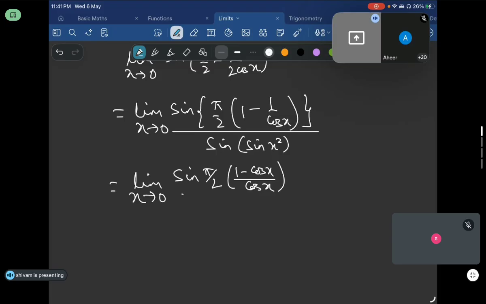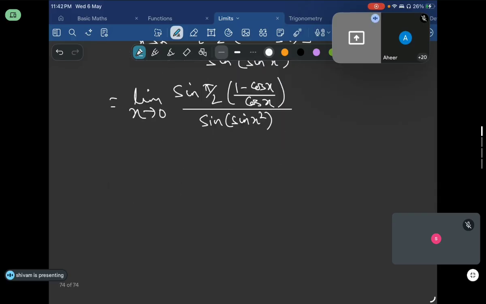Okay, let us start converting it into standard forms divided by sine of x square. So everyone, we need to divide by 1 minus 1 by cos x. Okay, let us start converting. We have to divide by pi by 2.